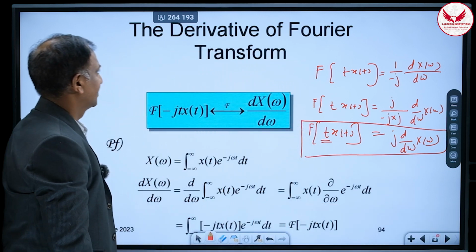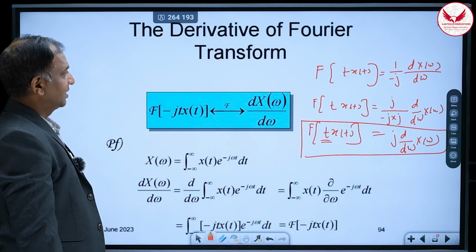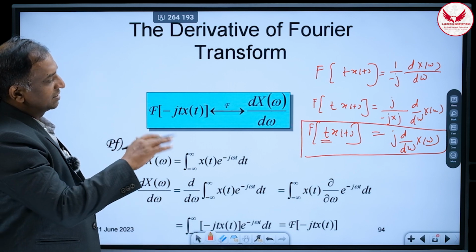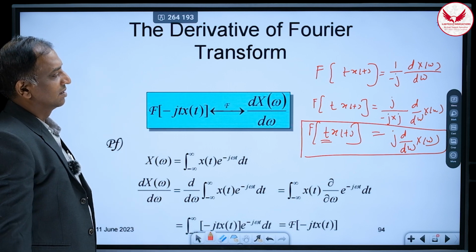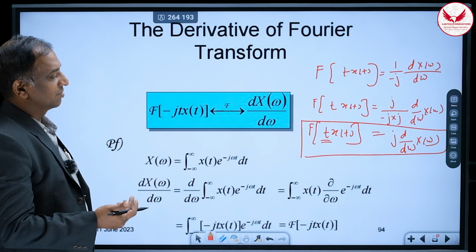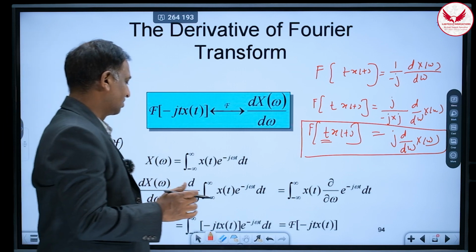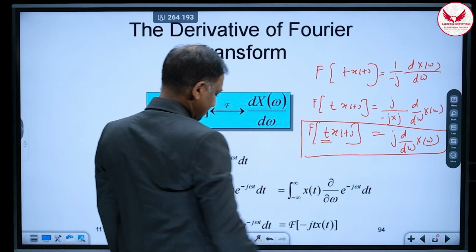This is called the derivative of the Fourier transform. If the derivative is taken in the frequency domain, that is equivalent to multiplying the signal in the time domain by t.